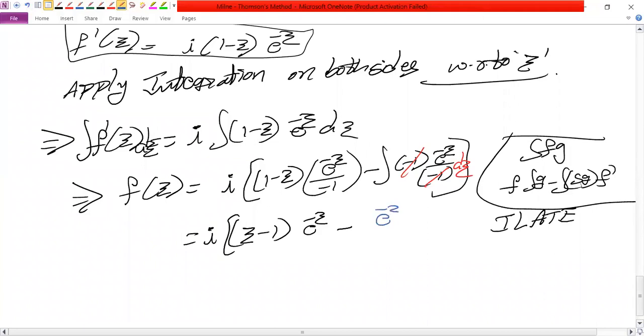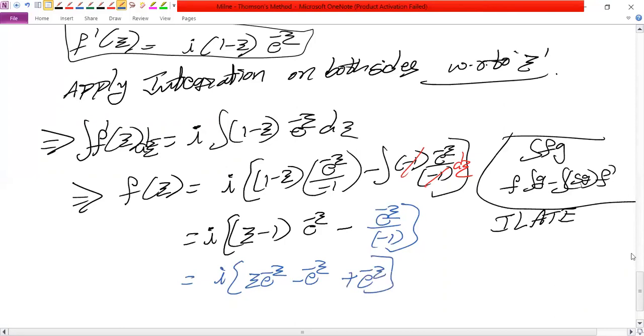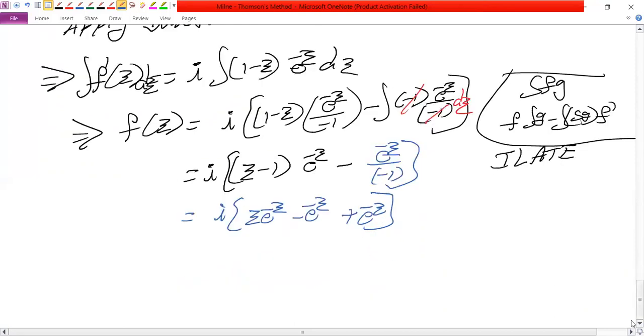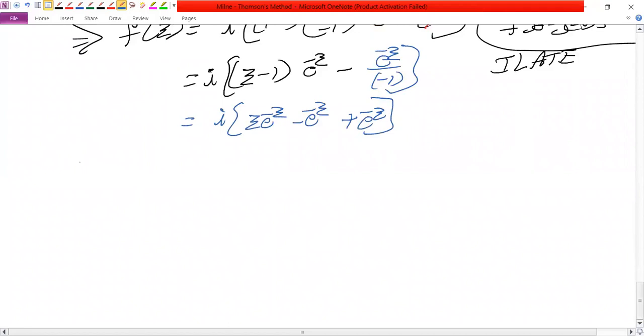Then on simplification, I am separating all the terms: z into e power minus z minus e power minus z plus e power minus z. Then what does it finally become? That implies f of z equals i into z into e power minus z will be left.